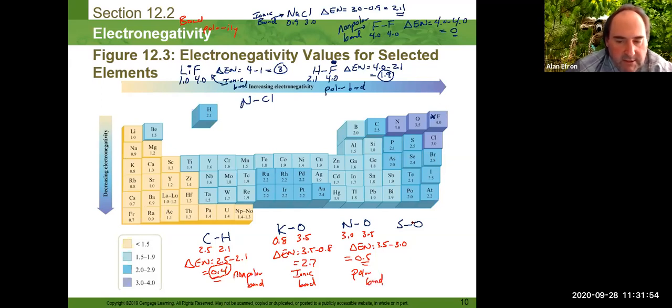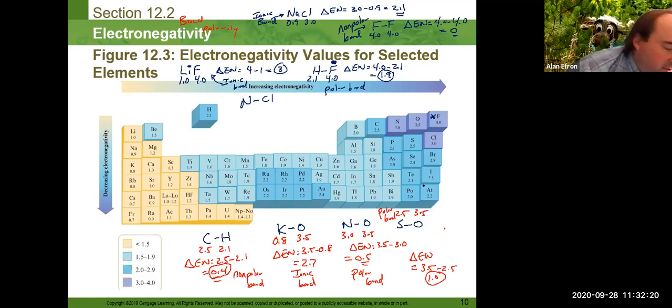Sulfur and oxygen, sulfur being 2.5, I believe. Oxygen again being 3.5. So our difference in electronegativity here is 3.5 minus 2.5, which is 1. And we would expect this to be a polar bond.